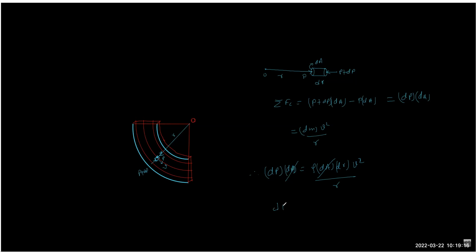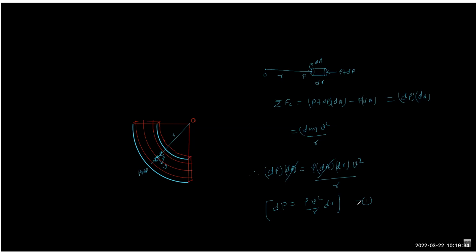So we can see that dA gets cancelled out, and for dP we get the formula rho v square by r into dr. So this is the equation of the pressure versus radius relation.